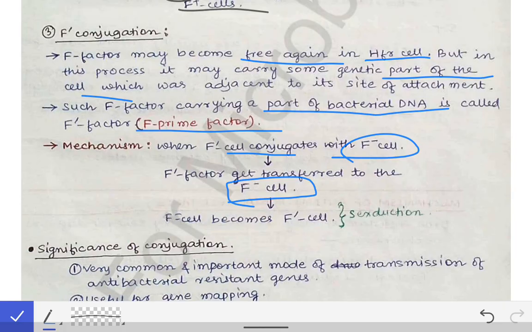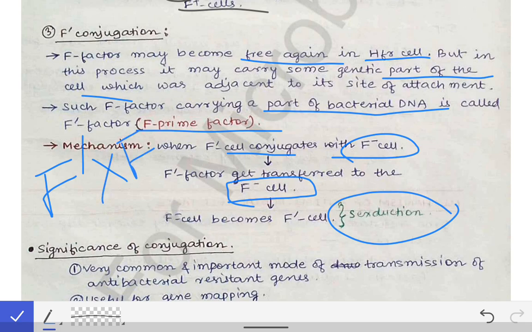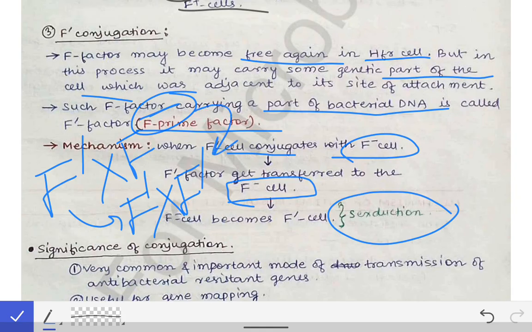This is in other words also called sexduction. So the end result is that the F prime cell combines with the F minus cell and forms F prime, F prime cells. So this is the F prime conjugation.